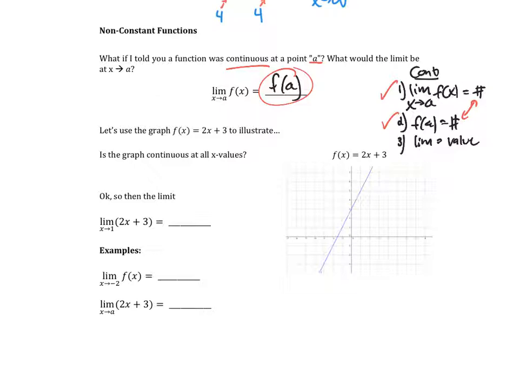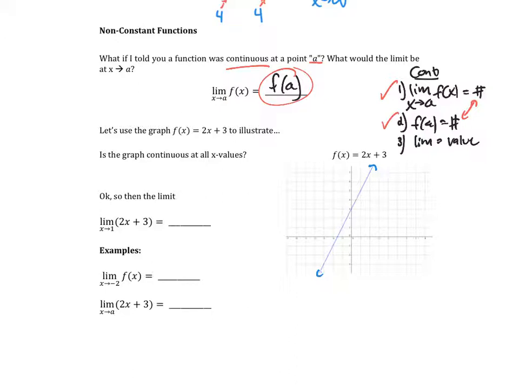So let's see how that might actually work in real life. Let's take a look at this function, f of x equals 2x plus 3. Is that function continuous? Are there any jumps, gaps in the graph? There are not. So this graph is continuous everywhere. So when I say, what is the limit as x approaches 1 of 2x plus 3, pretend you didn't have that graph there on the right.